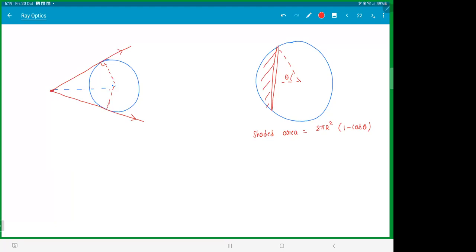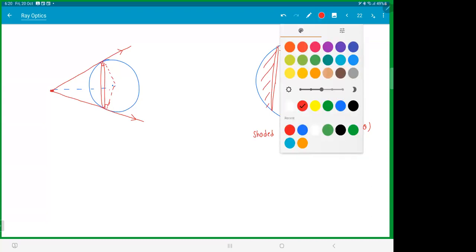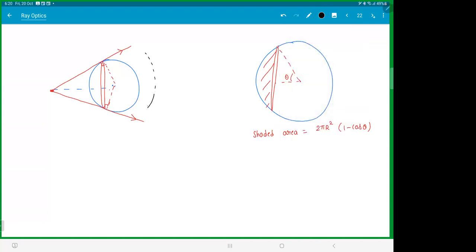And remember, this is not just two light rays, okay? There is actually a complete cone kind of thing. It's like this, isn't it? All light rays between this region will get reflected. All light rays in this region get reflected.